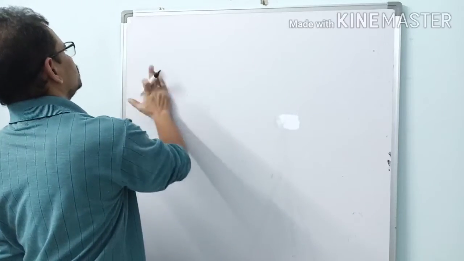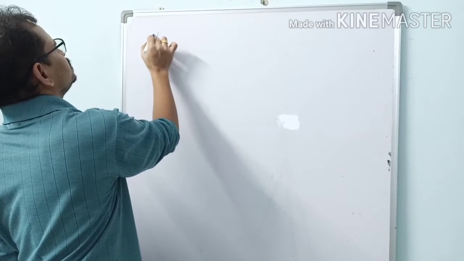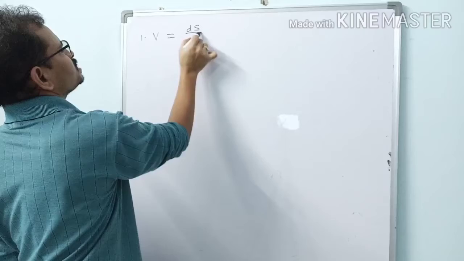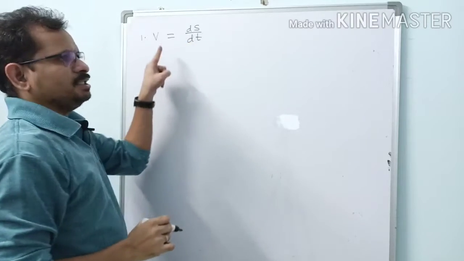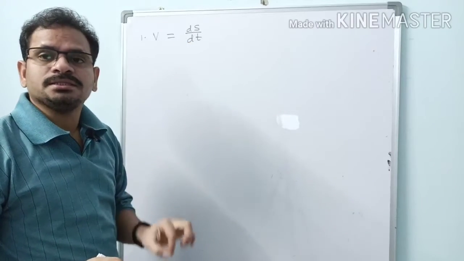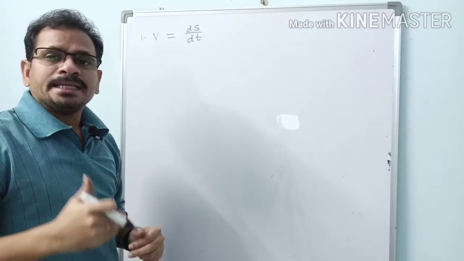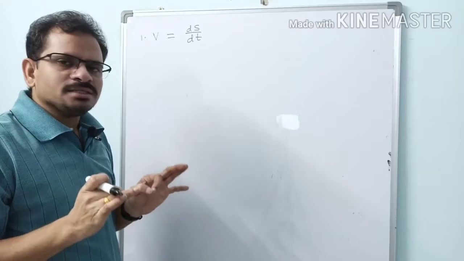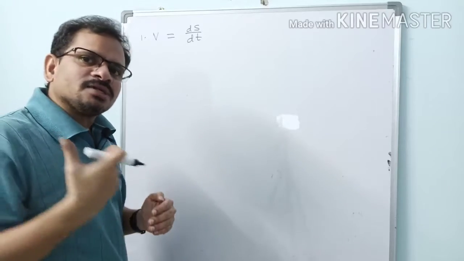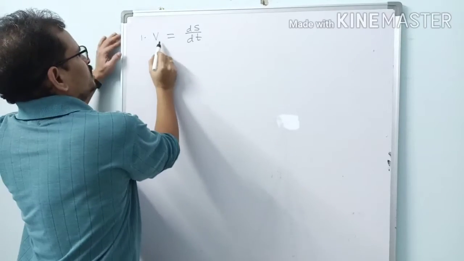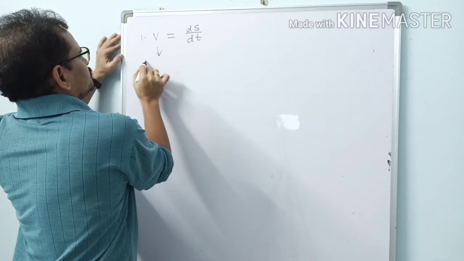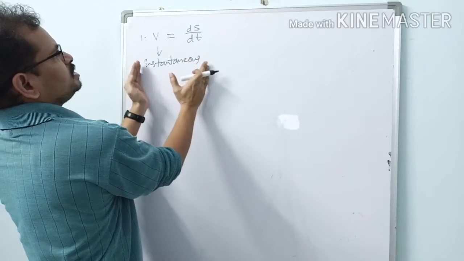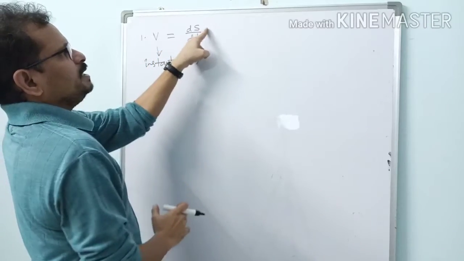Let us check them. The first one is v is equal to ds by dt. This is instantaneous velocity, that is velocity at any instant of time in the journey. So we can find the velocity value at any instant of time in this case. Instantaneous velocity is expressed as v equal to ds by dt.